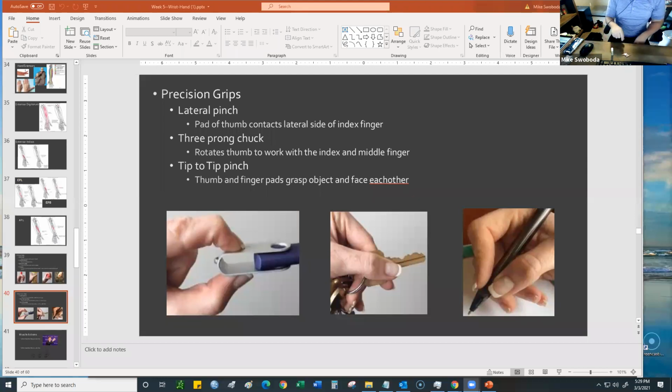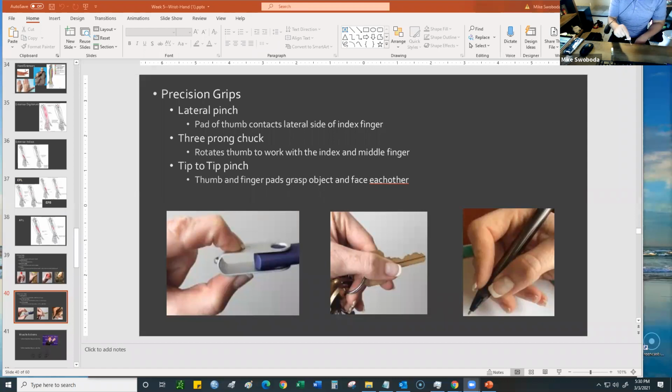Now, if I go to pick up a coin, what grip would I be using? Yeah, probably a tip to tip.